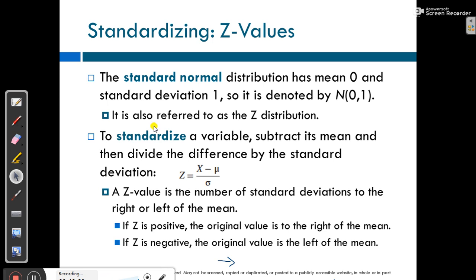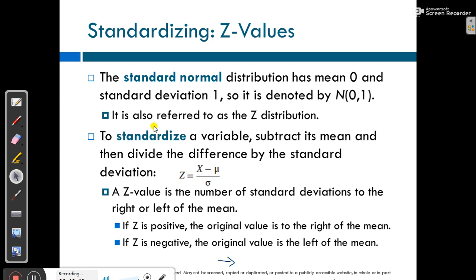It is also referred to as the z distribution, because the general normal distribution is more complex for finding the density function. That is why we set the mean to 0 and the standard deviation to 1. So the name is standard normal distribution, or we can say z distribution.